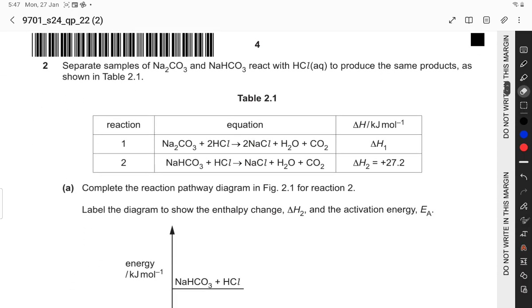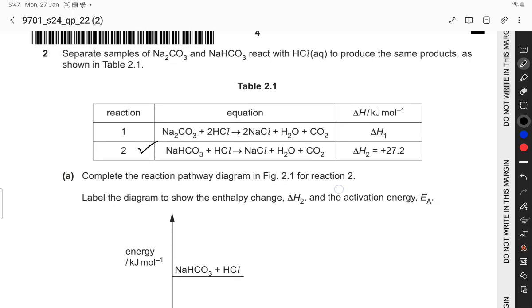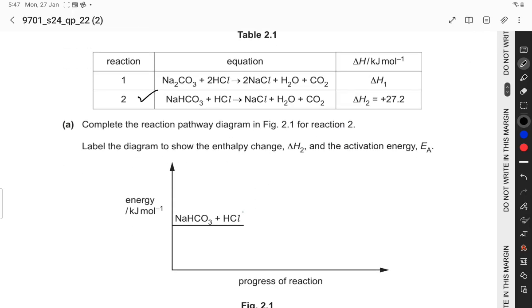So question number 2: separate samples of sodium carbonate and sodium hydrogen carbonate react with HCl to produce the same products, as shown in table 2.1. This is delta H1, and this is delta H2, plus 27.2. Complete the reaction pathway diagram in figure 2.1 for reaction 2. Label the diagram to show the enthalpy change delta H2 and the activation energy EA.